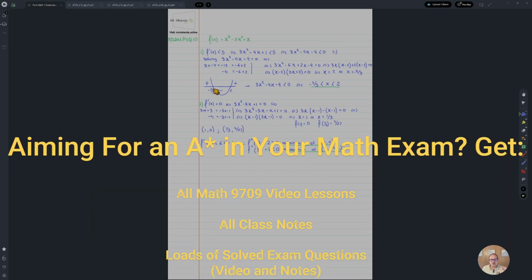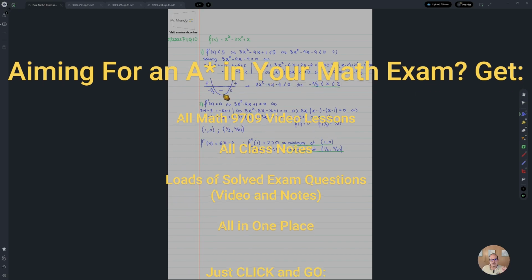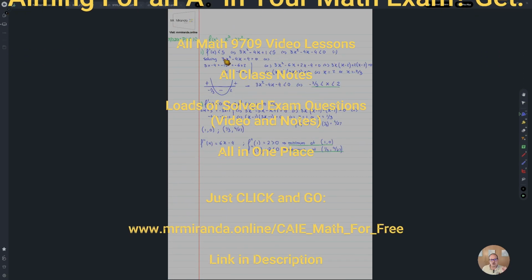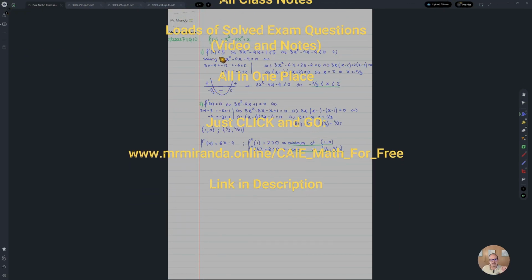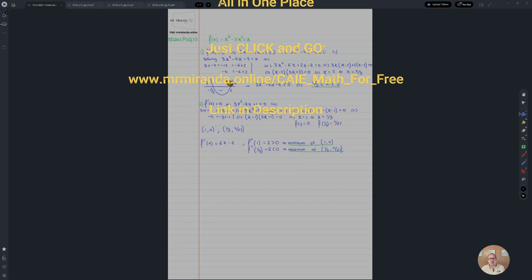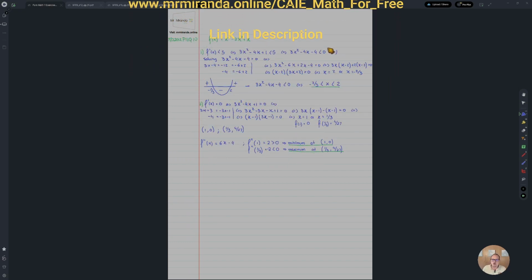I sketch the corresponding parabola. It's a positive parabola given the sign of the coefficient of x squared. Then, and only then, I go back to the inequality and I look at the portion that I want, a negative portion in this case. The negative portion is found over here, which is my final answer.